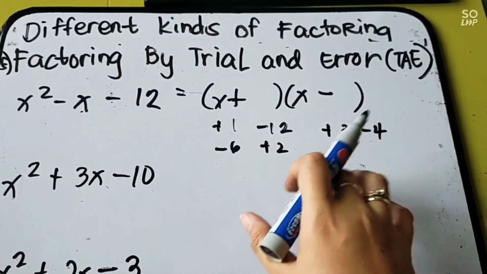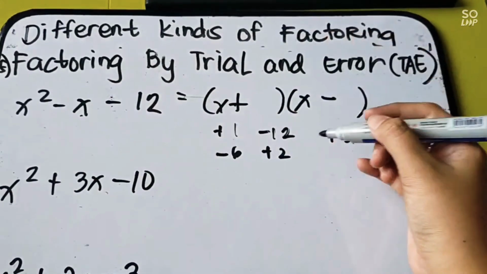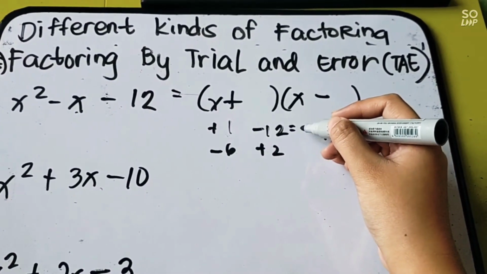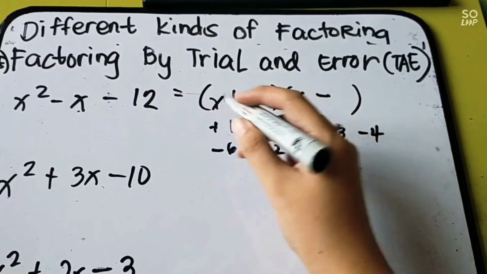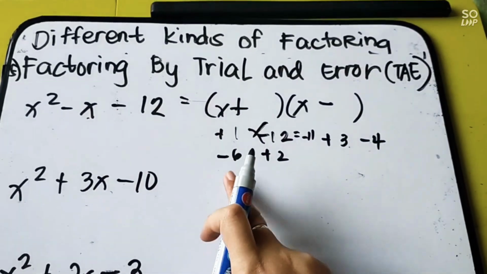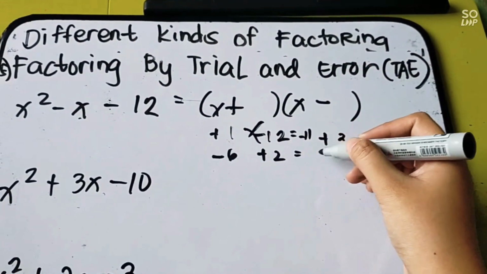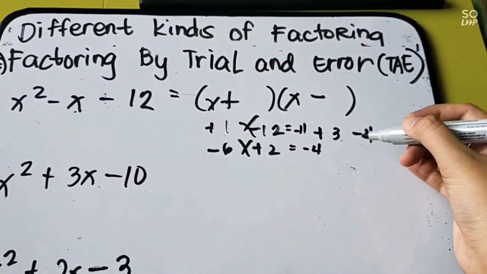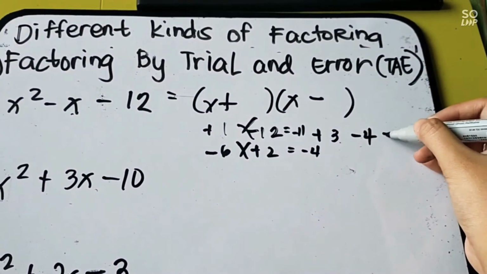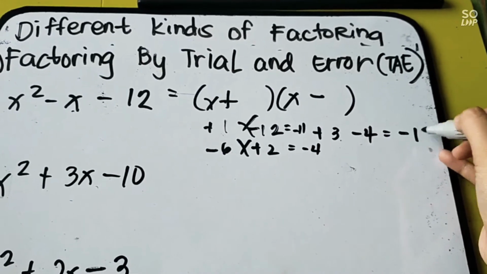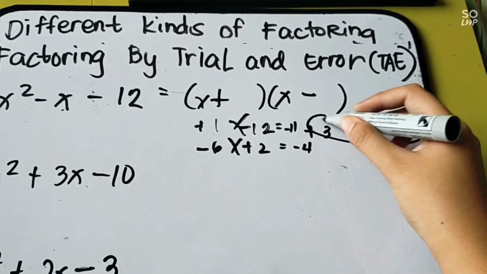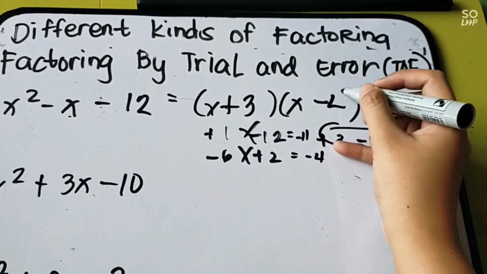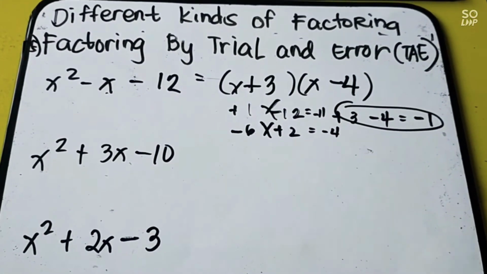Then, when you add the first, the answer should be negative 1. When you add 1 plus negative 12, the answer is negative 11. Wrong. It did not give negative 1. Negative 6 plus 2, the answer is negative 4. Wrong again. It did not give negative 1. When you add 3 minus 4, the answer is negative 1. So, this one is the correct one. It means plus 3 and minus 4. So, that's the factor. Is it clear?